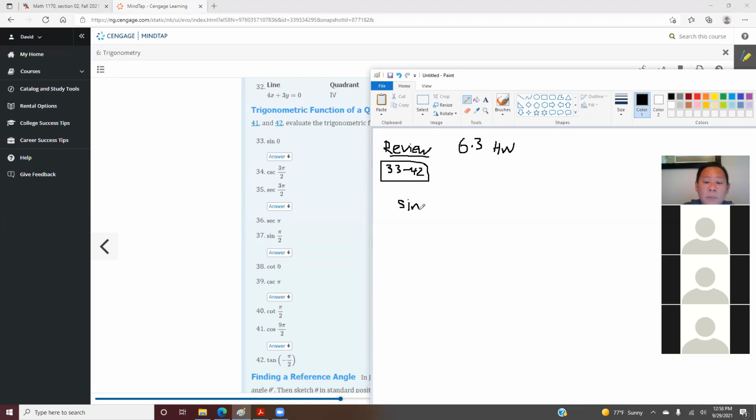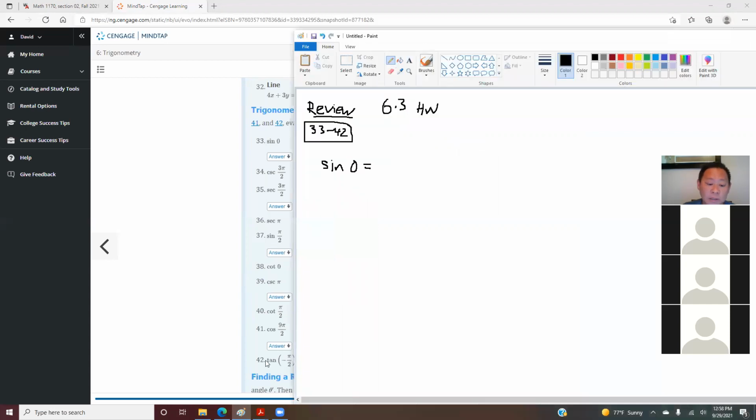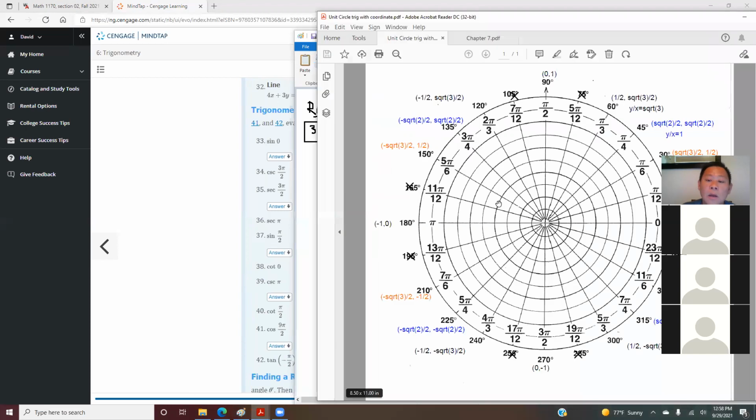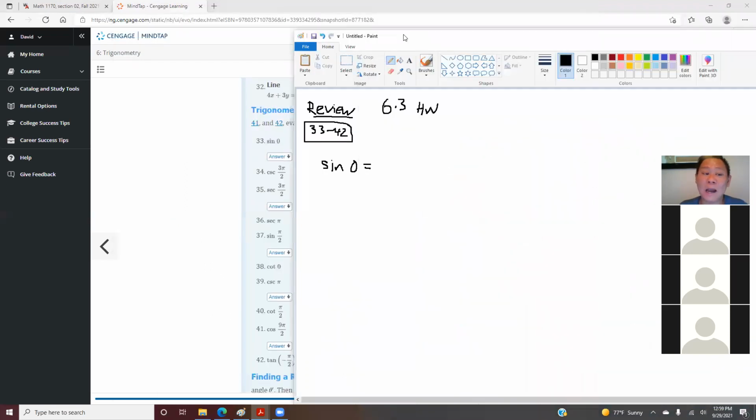So can someone tell me what is sine 0? Question 33. And again, in order for you to do this kind of questions, you need that unit circle. Pi over 2 and 3 pi over 2? No, that will be wrong. So be careful with what we did last time.